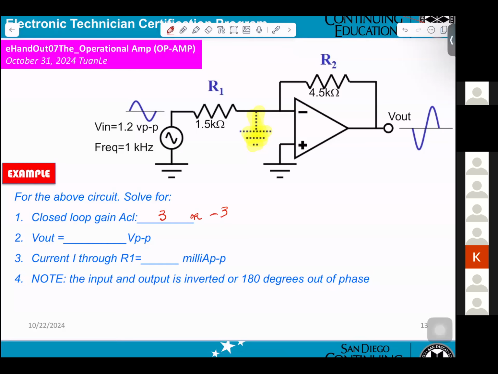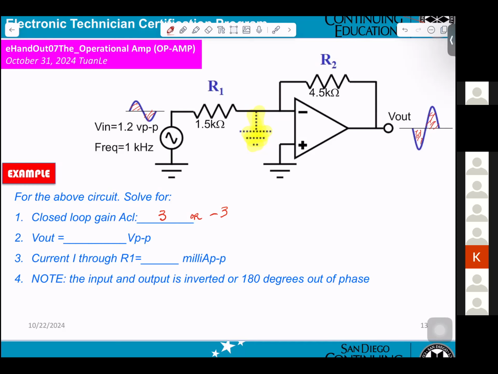That's why if you say -3, then you have to say when input positive, output will be negative. See that? However, when input negative, output will be positive.